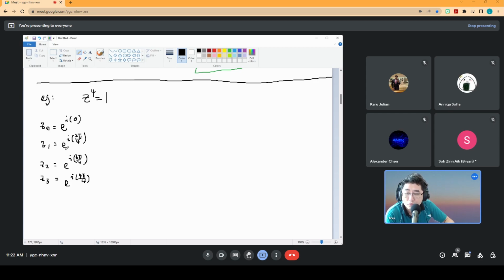Sorry, did I write it wrong? No, I wrote it wrongly. This is a 6. It should be 2kπ, 2 times 2 over 4. This is a 2kπ. This is a 6. Agree so far?